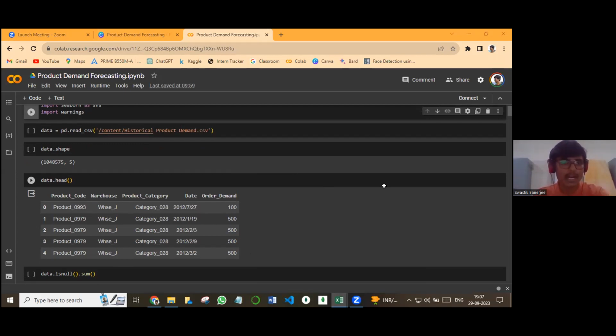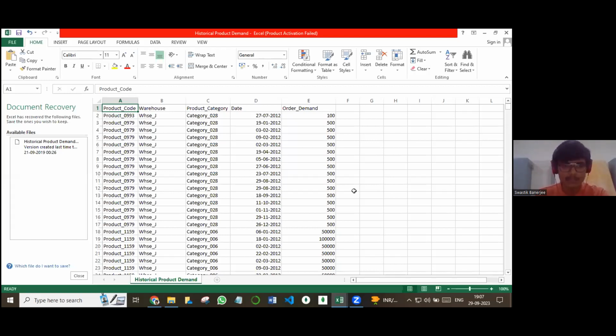So what I have is product codes, warehouses, product category, date, and order demand. This is the inventory data that I have with me. What I need to do over here is to find an optimal solution, that is, optimal order demand and optimal reorder demand. We need to find the best solution for our model basically.